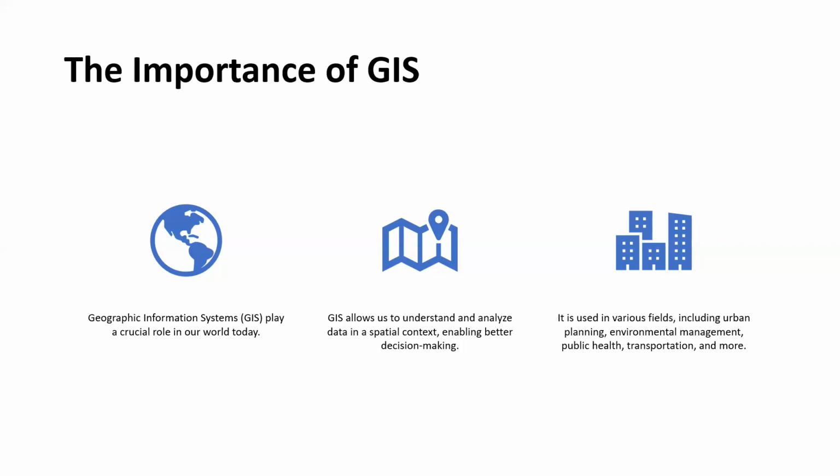Probably we are carrying out research that deals with studying how a particular variable is distributed over a given boundary, over given geographical locations. GIS is the best for you to use, and GIS allows us to understand and analyze data in spatial context, enabling better decision making.